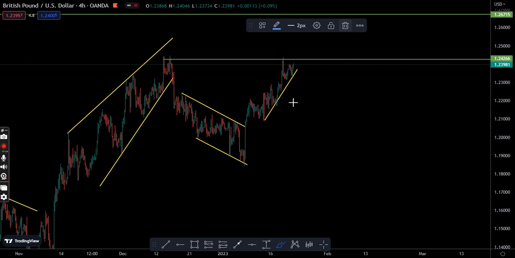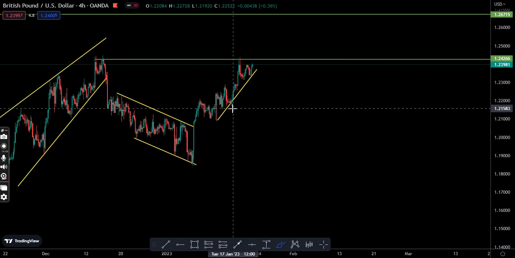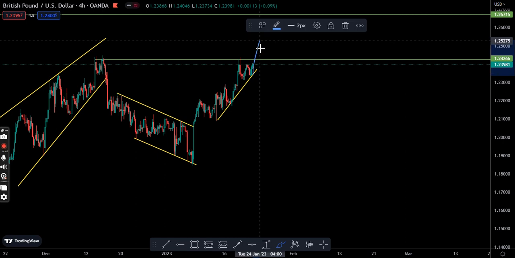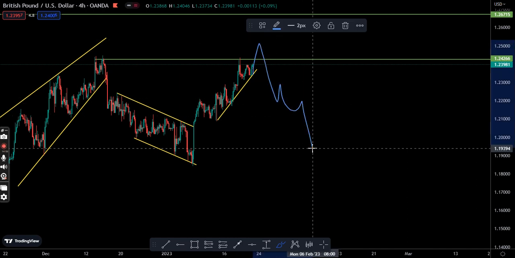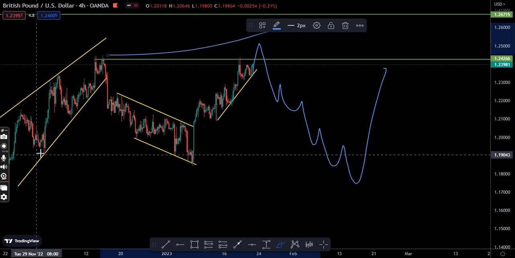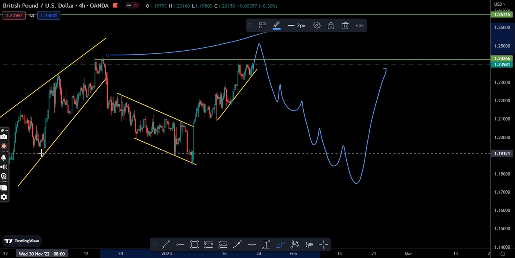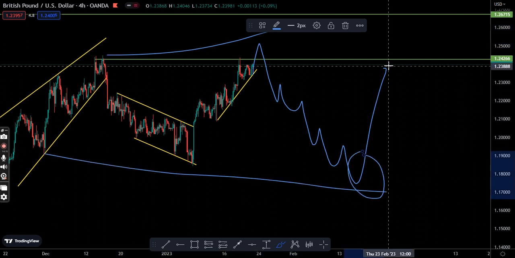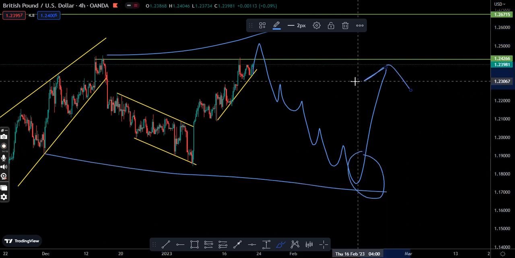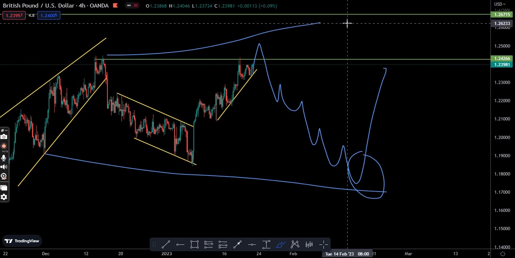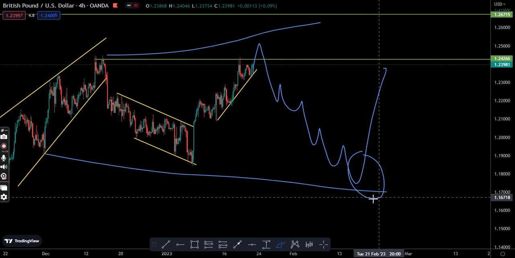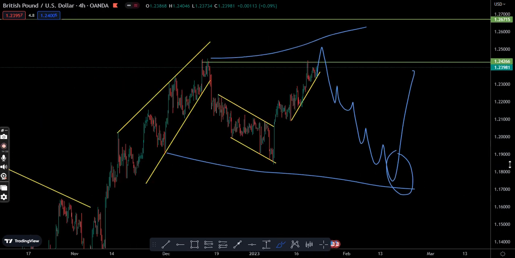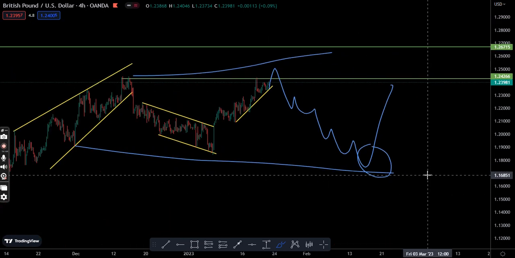So forecasting here, the market can turn around this area and form a bigger structure on the 4 hour, which will look like this. On the third touch, we will go with the upside direction that we found on the weekly and daily chart. That is what I am seeing on the 4 hour.